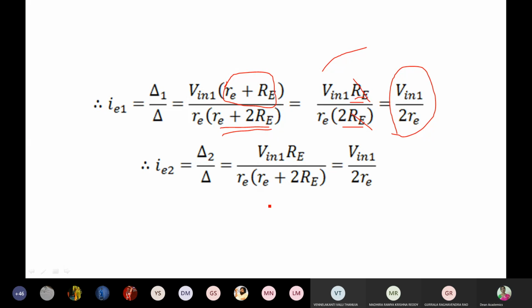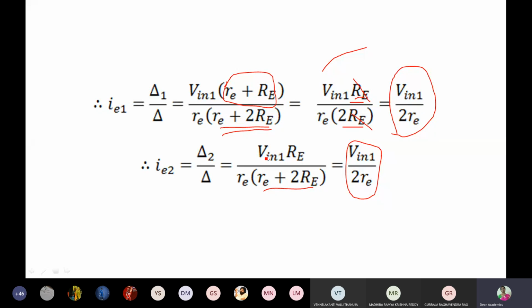Similarly, you calculate IE2. Here you have RE plus 2RE, which we replace with 2RE, so this RE and this RE get cancelled. Then V in by 2RE. That means IE1 is equal to V in 1 by 2RE, and IE2 is equal to V in 1 by 2RE.